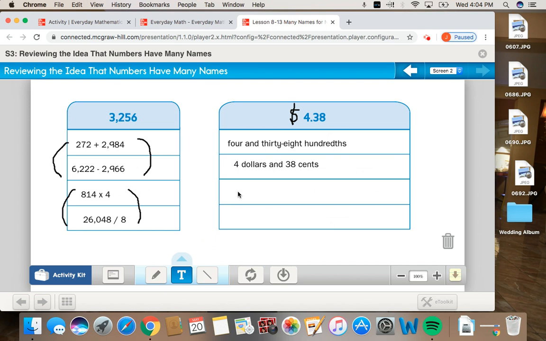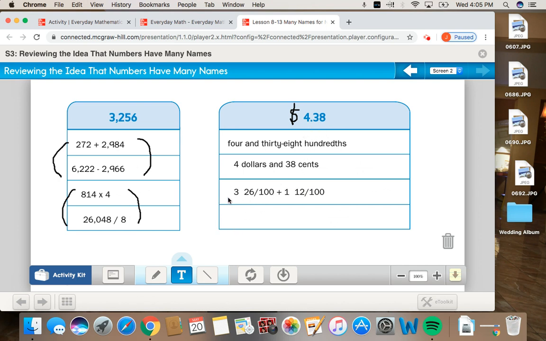I can do some addition. I can add either decimal amounts or fraction amounts together. I can add, let's see, 3 and 26 hundredths plus 1 and 12 hundredths, which will also equal 4 and 38 hundredths.